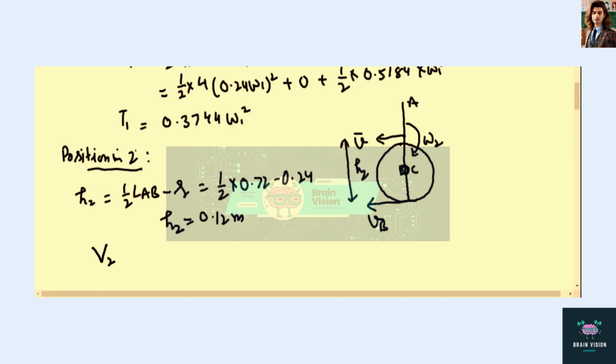So potential energy in second position, mass of AB into G into H2, so 4 into 9.81 into 0.12, you will get 4.7088 joule.